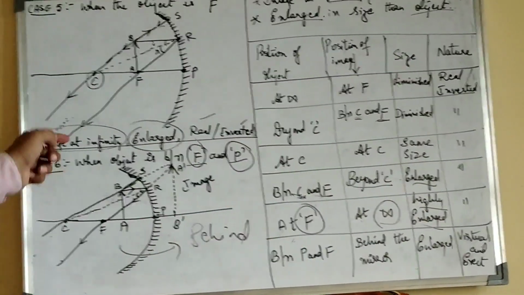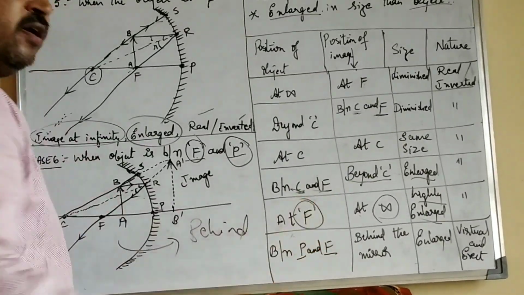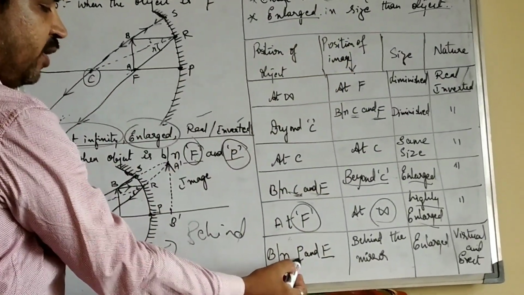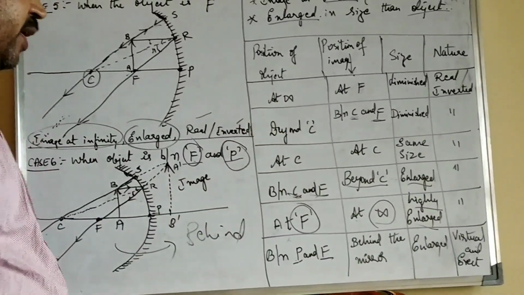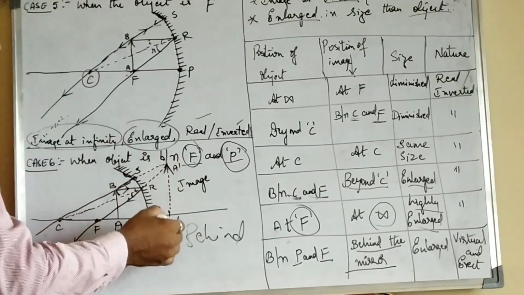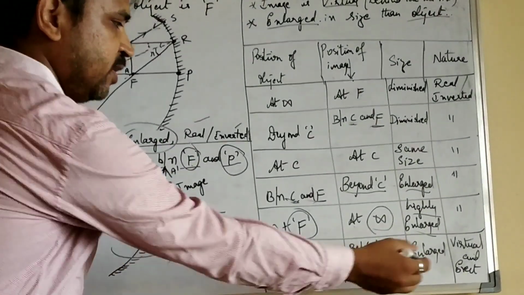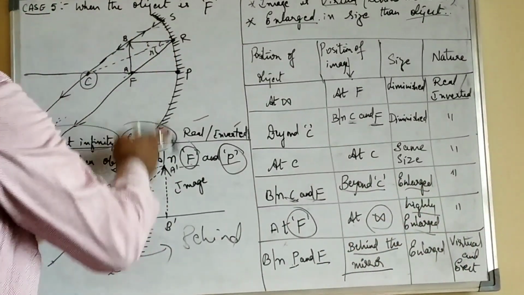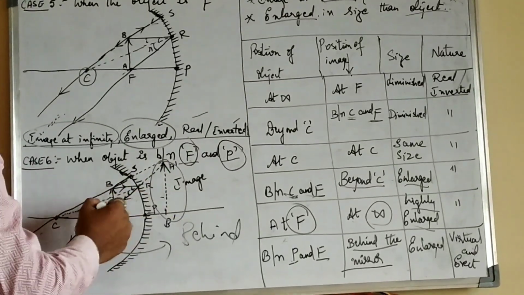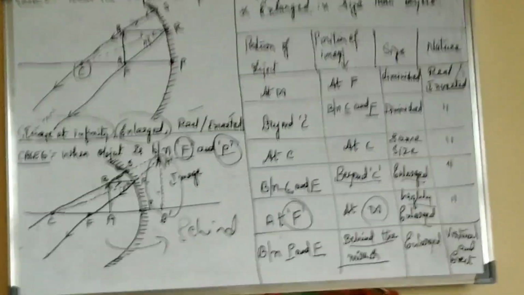So the last case is what we have discussed now. When the object is between the pole of the mirror and the principal focus, the image is formed behind the mirror. As you can see, the image is formed behind the mirror. So it is virtual, right? The image is virtual and erect. But the image is enlarged, because you can see the height and the size of the image. It is enlarged. Okay, thank you.